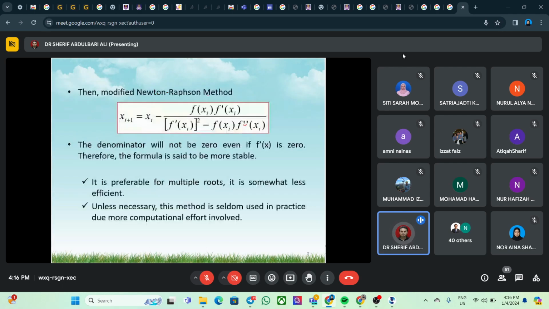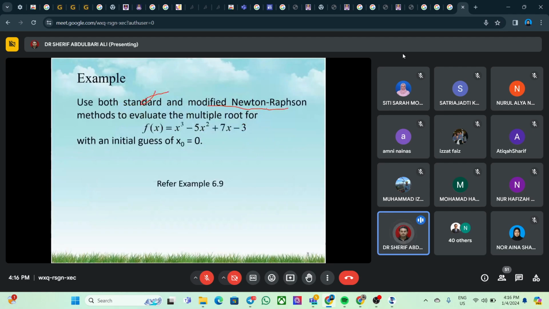So we are going to use this equation to find the root or the multiple roots of this function, with our initial value of x equal to 0. This example is in the textbook at 6.9.